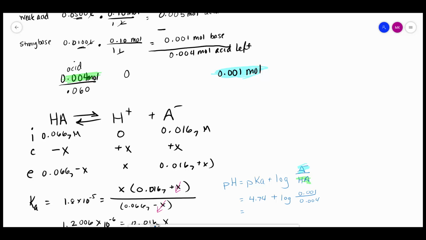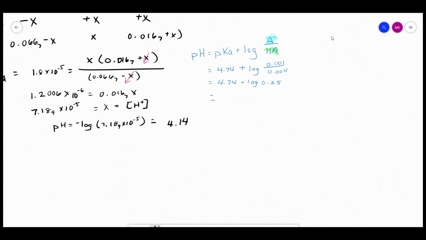So 0.001 divided by 0.004. And I get 4.1379, so that would round to 4.14. So you see we can use the Henderson-Hasselbalch and get the same value.